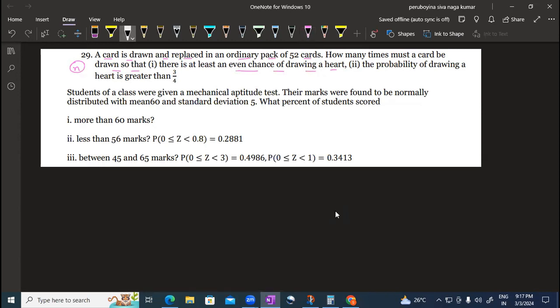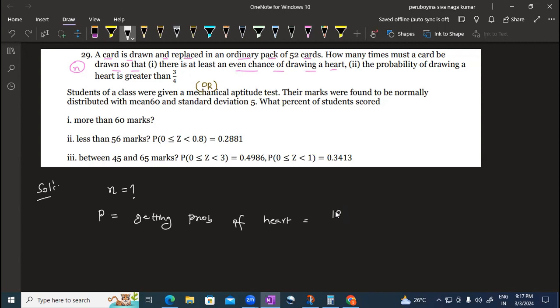Okay. So this question is from binomial distribution. And later we will do this R question, actually, this is R question, we will do that later. So n is equal to question mark. And success probability P. Actually, P means the probability of getting a heart card.